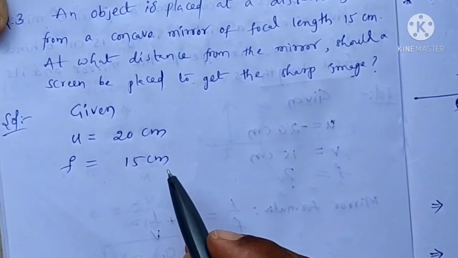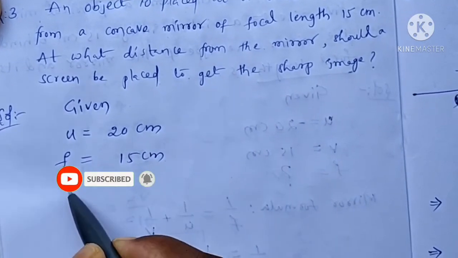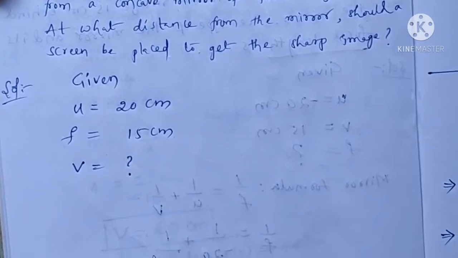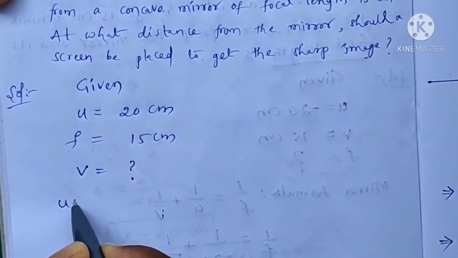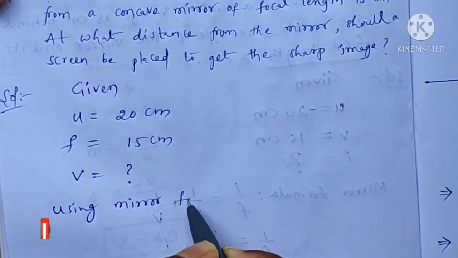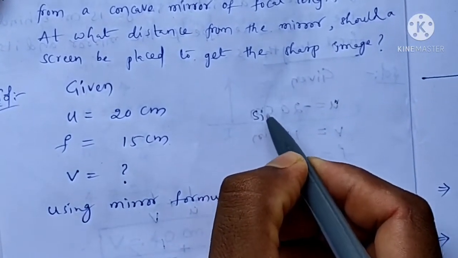At what distance from the mirror should the screen be placed? That is nothing but the image distance, which we have to find using the mirror formula again.